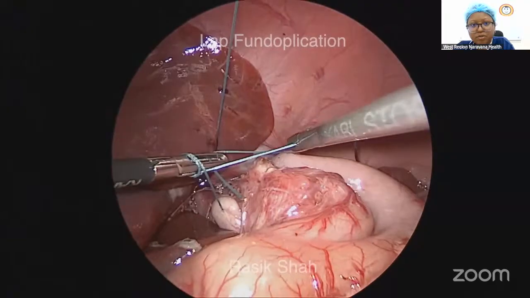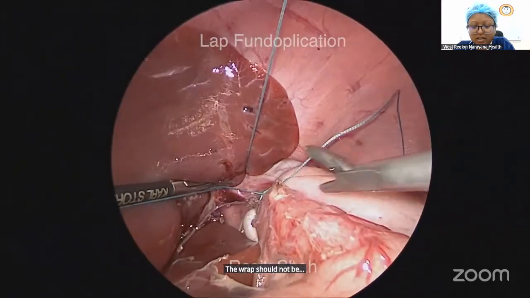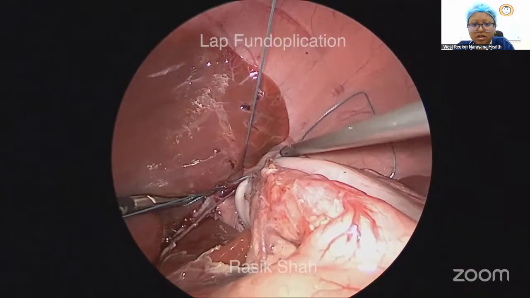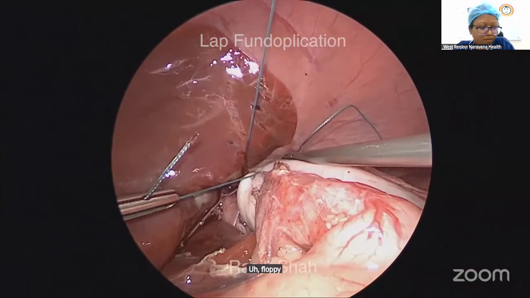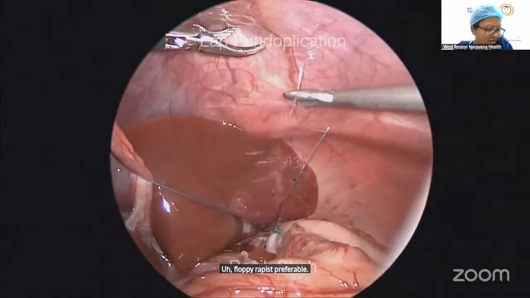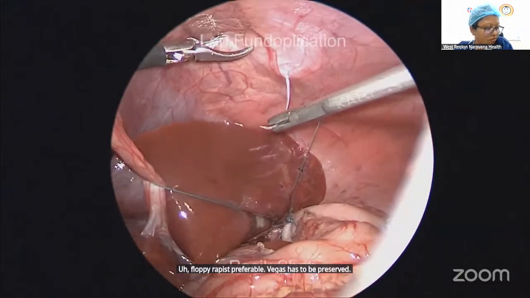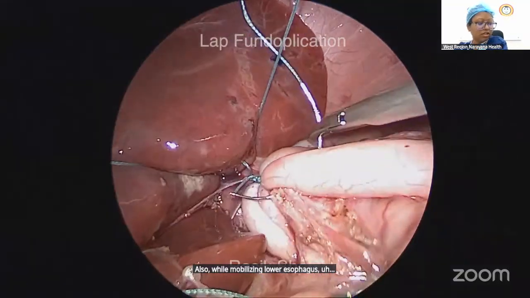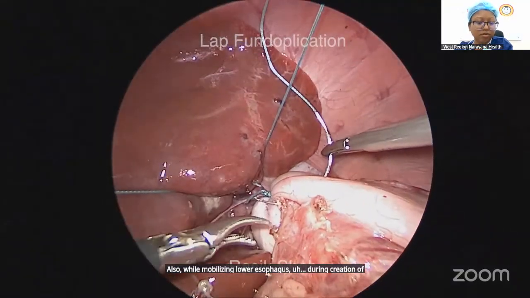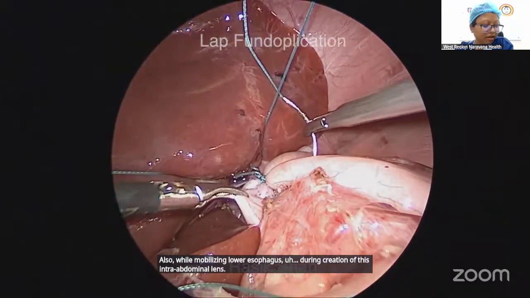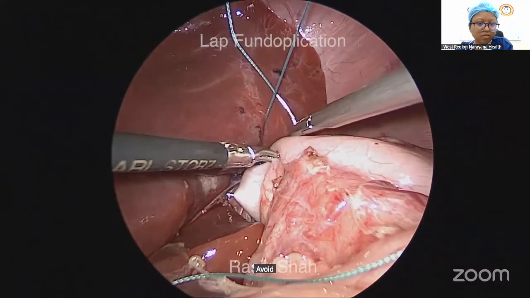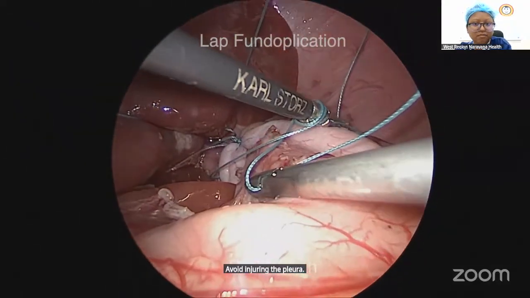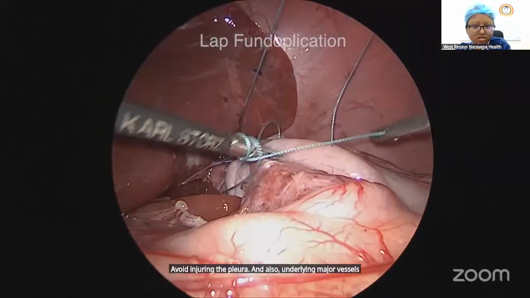The wrap should not be very tight. A floppy wrap is preferable. Vagus has to be preserved. Also, while mobilizing the lower esophagus during creation of this intra-abdominal length, avoid injuring the pleura and also underlying major vessels such as the aorta, which runs behind this.